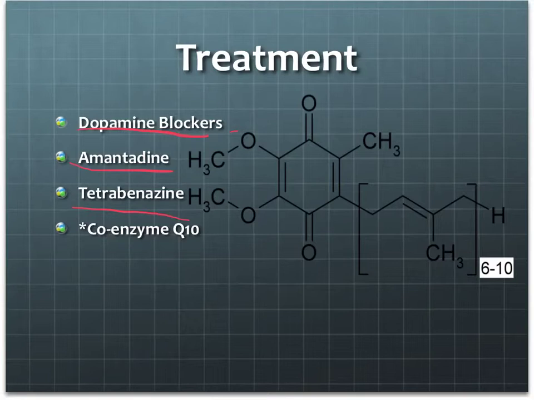The way this works is that it's believed that the reason why Huntington's disease manifests itself most commonly in the mid-adult life is because in youth, people have essentially DNA mechanisms that can splice out the excessive repeats of the CAG trinucleotide sequence. However, with age and excessive oxidative damage, people lose this mechanism, and so the coenzyme Q10 is believed to help people retain this mechanism that allows them to splice out the excessive repeats and slow the development of the disease.